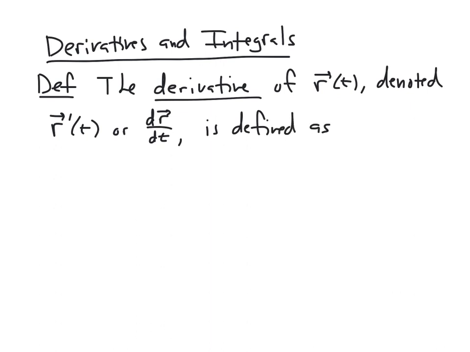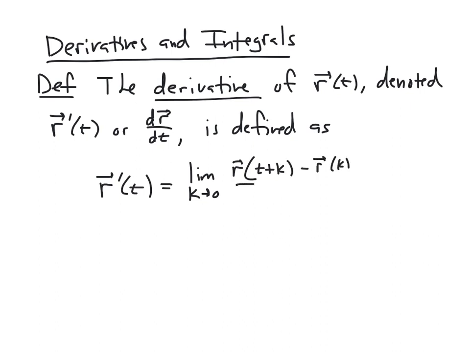It is defined as follows. r prime of t is going to be the limit as k approaches 0 of r of t plus k minus r of t, all over k.